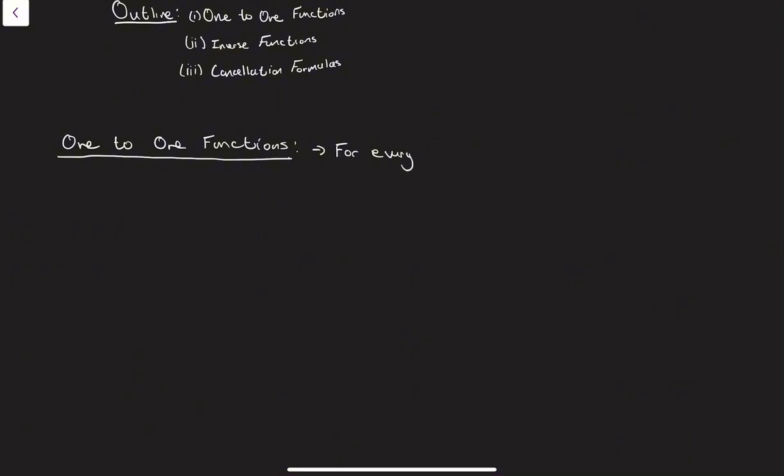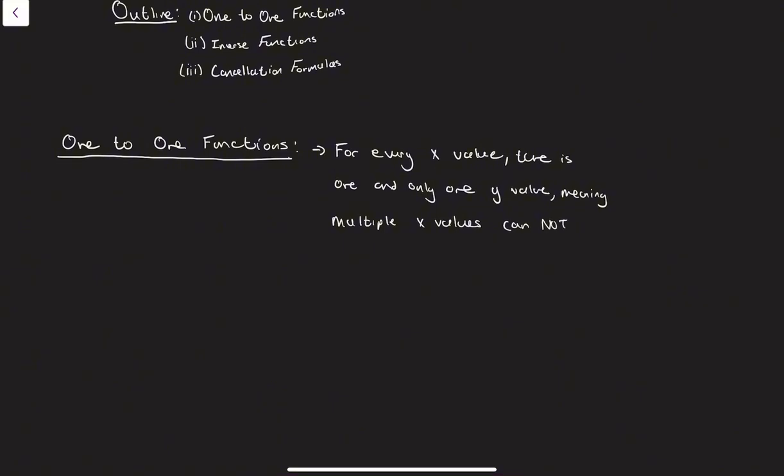For every x value, there is one and only one y value, meaning multiple x values cannot have the same y value.